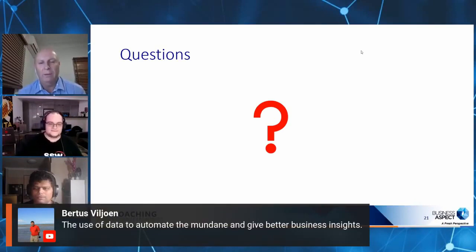That's not a bad one, because the reason I like that is it's encompassing the data, the automation of the data, the processes, and giving better business insights. It sort of encapsulates what I've been talking about, to align the AI and data strategy with the business insights. So that's key to the fourth industrial revolution. So that's a very good one from Bertus.